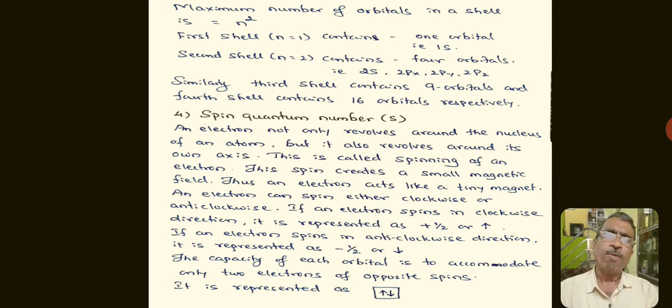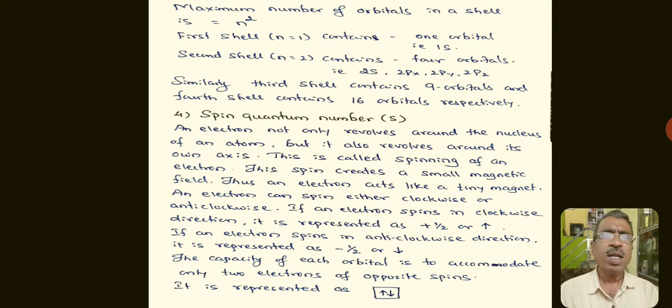Coming to the fourth quantum number, that is the spin quantum number. An electron not only revolves around the nucleus of an atom, but it also revolves around its own axis. This is called spinning of an electron. This spin creates a small magnetic field. Thus, an electron acts like a tiny magnet.